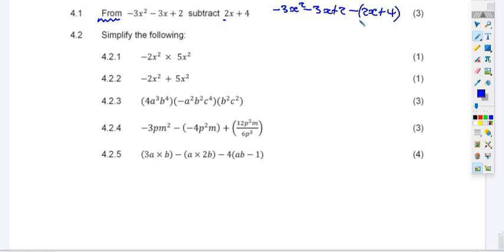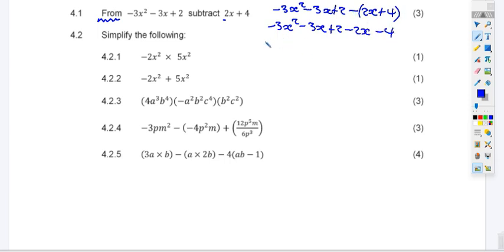If you don't put brackets, it will appear as if you are only subtracting the first term there. Now, simplifying it, the first thing, distribute this negative. So we have negative 3x squared minus 3x plus 2 minus 2x and then minus 4.